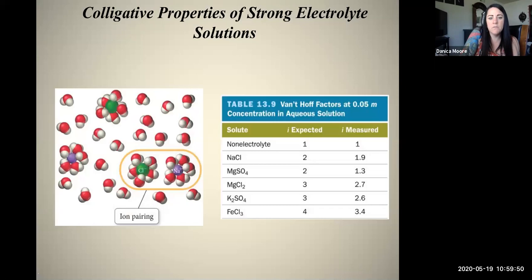The expected van 't Hoff factor would be how many particles you would expect in solution if there were no ion pairs. The measured van 't Hoff factor is what you actually get when you measure the conductivity. So the conductivity is reduced slightly because of this ion pairing effect, all right? Does that make sense, guys?